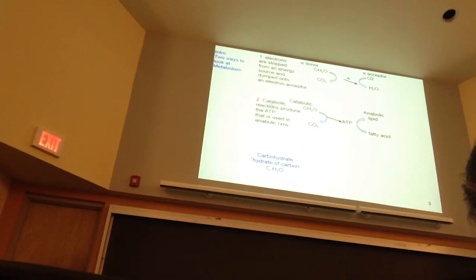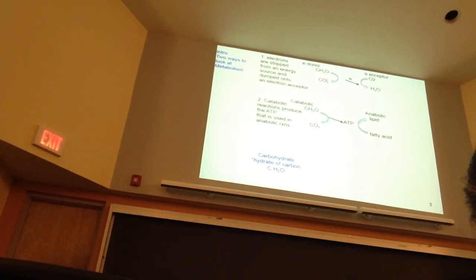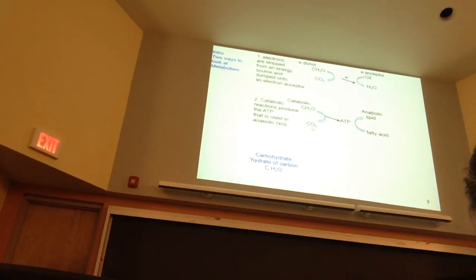Okay, and then, like I've said, these catabolic reactions, so the complete oxidation of a sugar all the way to CO2 means as many electrons as can be stripped from that compound has been stripped, and it's completely oxidized to carbon dioxide. Generate ATP to drive these catabolic reactions.